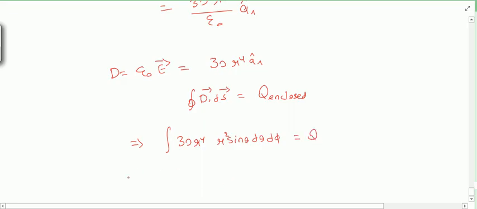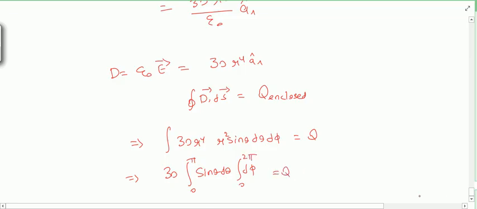This will be equal to Q. If I put the value, the 30 will come out, r to the power 6, and it is a unit sphere, so it automatically becomes 1 to the power 6, that will be 1 only. For sine theta d theta the limits are from 0 to pi, and for d phi the limits are from 0 to 2 pi.